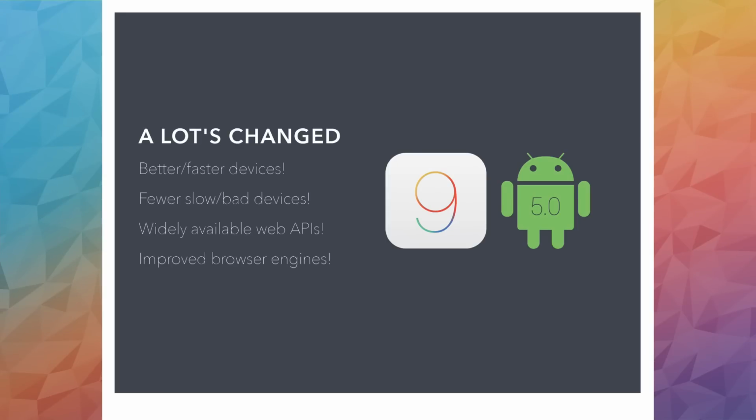We have iOS 9. Android 5 is now starting to see a lot of adoption, but even more so, we have the new version of Android coming out later on. We have a lot better capabilities on our devices, and we have a lot fewer bad devices. So we're not seeing these underpowered Android devices anymore.